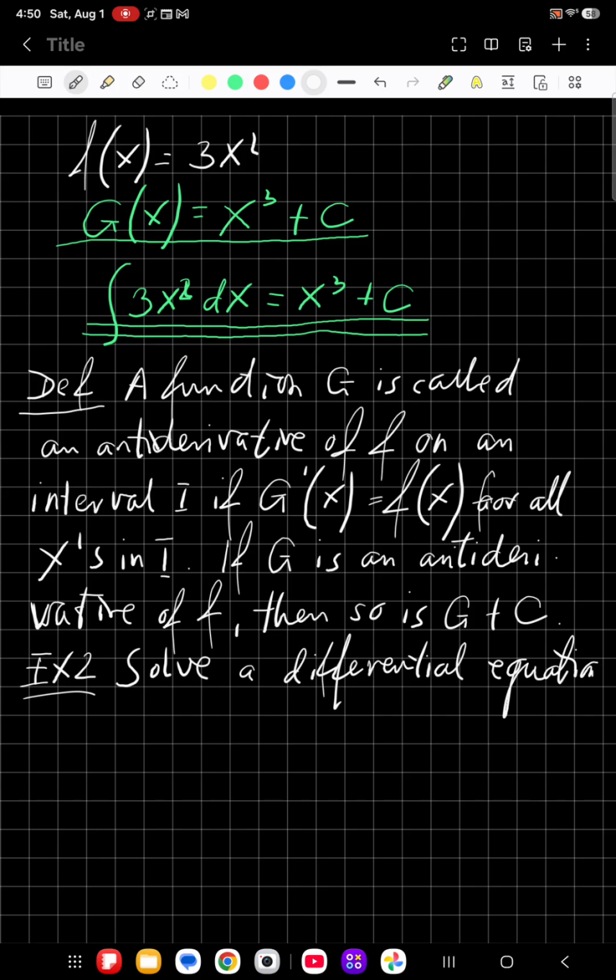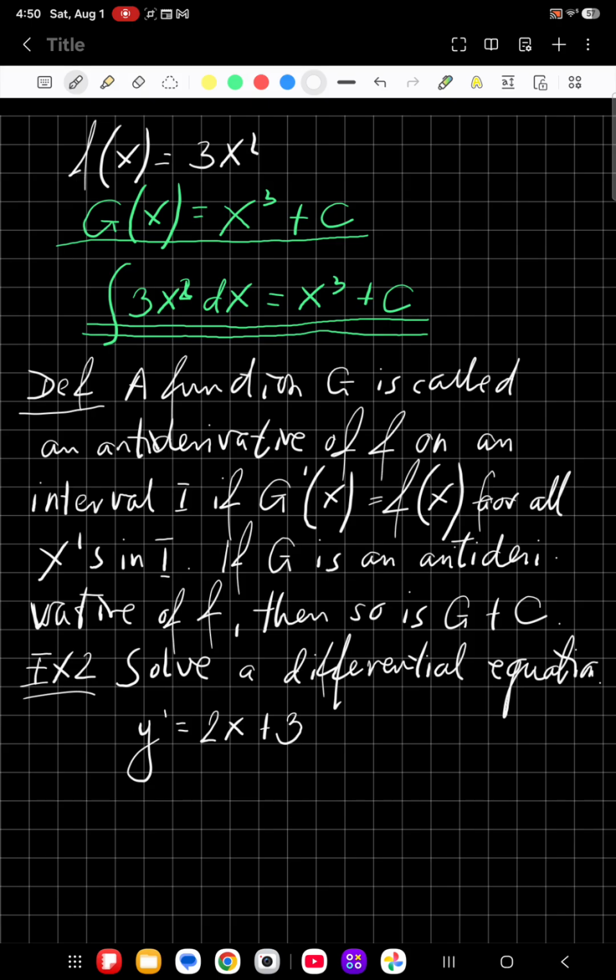Differential equations are a topic for calculus 2. Also, there are separate classes where you would be solving differential equations.